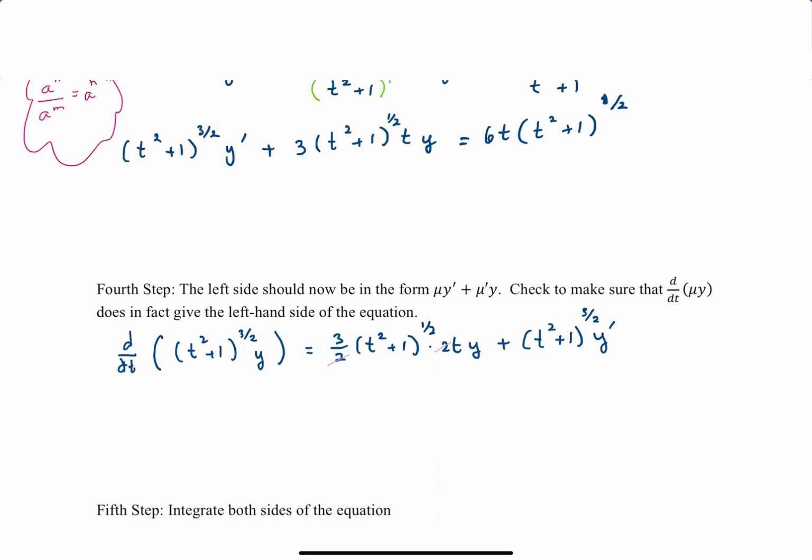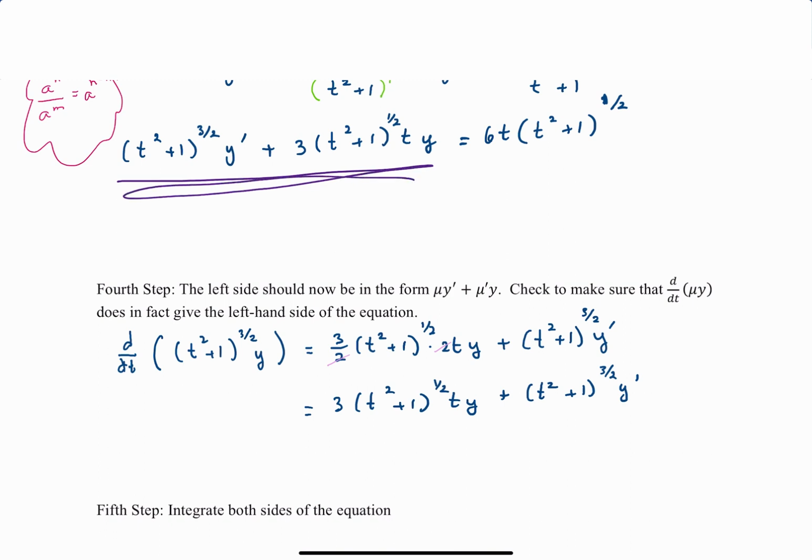In the first term, the 2's cancel, so we have 3 (t squared plus 1) to the 1/2 power times t times y plus (t squared plus 1) to the 3/2 power times y prime, and that is exactly our left-hand side of the equation, just written in the opposite order. So we are good on that. We haven't made any mistakes with our integrating factor or our multiplication or our simplification.